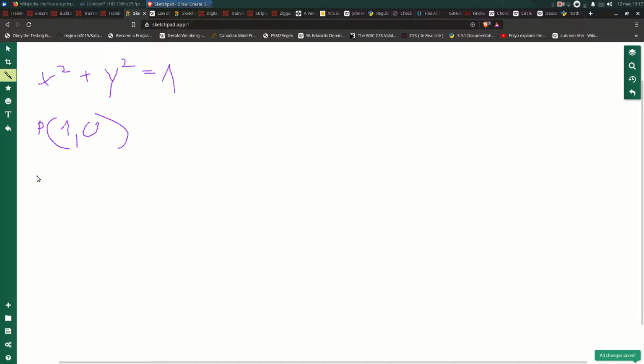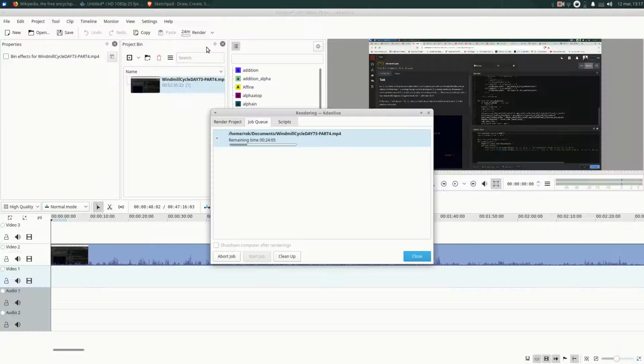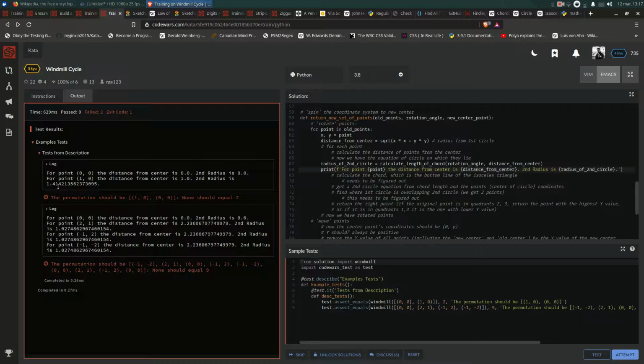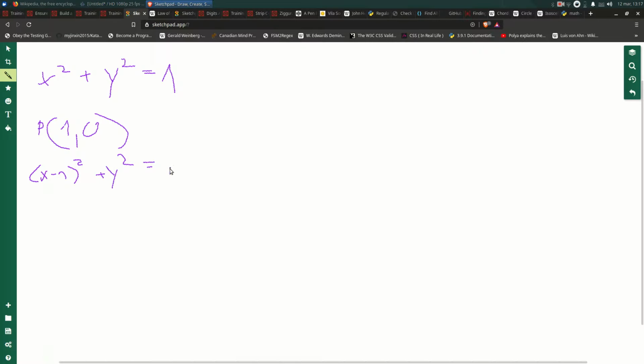And for the second one, it is (x minus 1)² plus y², because the y of the center is 0, equals the radius squared, which is that. It is 1.4 squared.